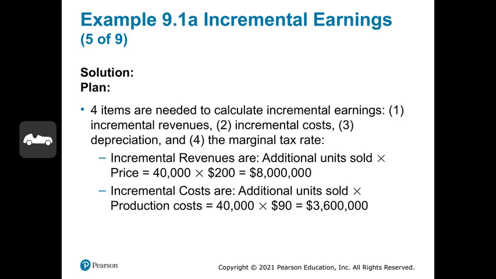We're not going to have to worry about it in this example, or for that matter, for the class. So 40,000 units, cost of $90 each. We have $3.6 million in cost of goods sold, or incremental costs, in total for the 40,000 units that we're selling.